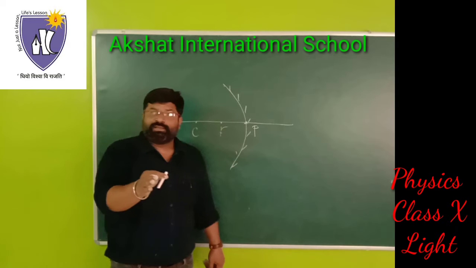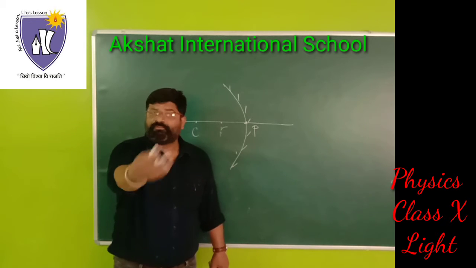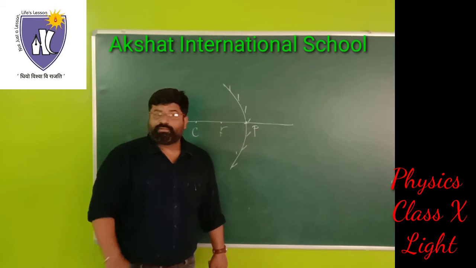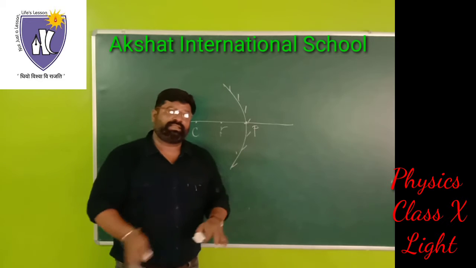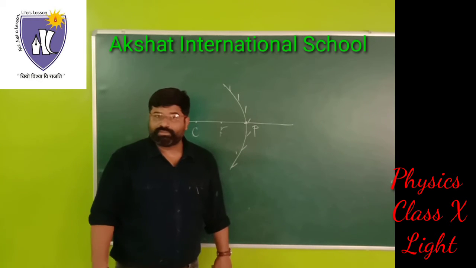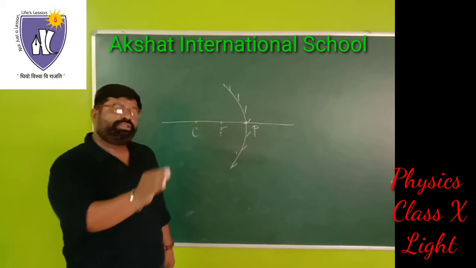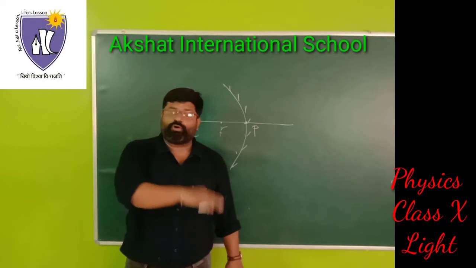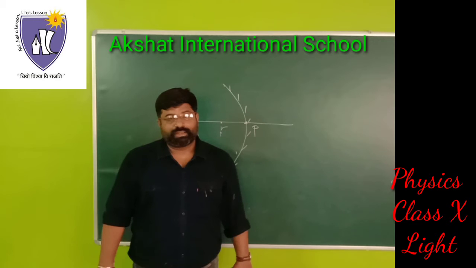So there are 4 different ways the passage of the rays can be taken, in both types of mirrors, that is concave and convex.